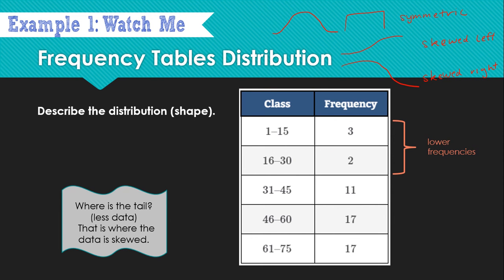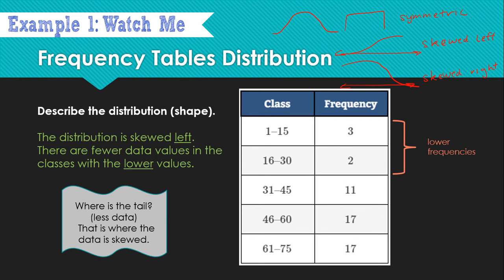We can identify that same information even though we're given a frequency table. Notice here in my table that on the lower end, which would be the left side, because remember these are both on number lines, my data is much lower on the left side of my number line than it would be on my right. It gets much larger from where we started. So the distribution here is skewed left.